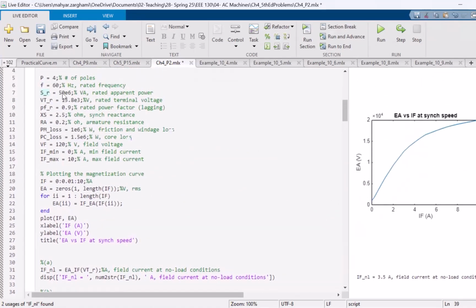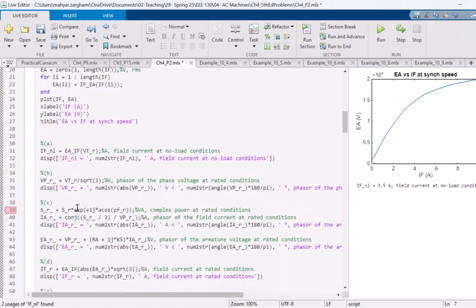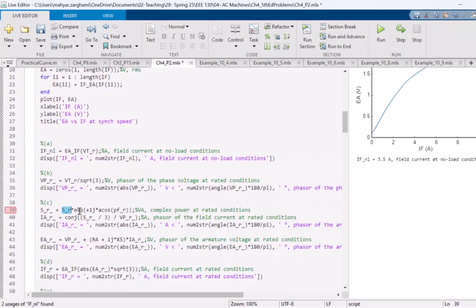S under rated conditions is 50 megawatts. And then you have to give the apparent power an angle based on the power factor of the machine to find the complex power. That's exactly attaching an angle in MATLAB to a magnitude to find that complex number.